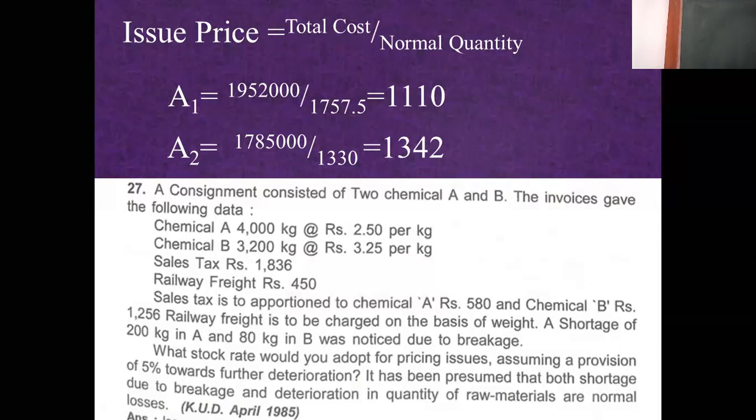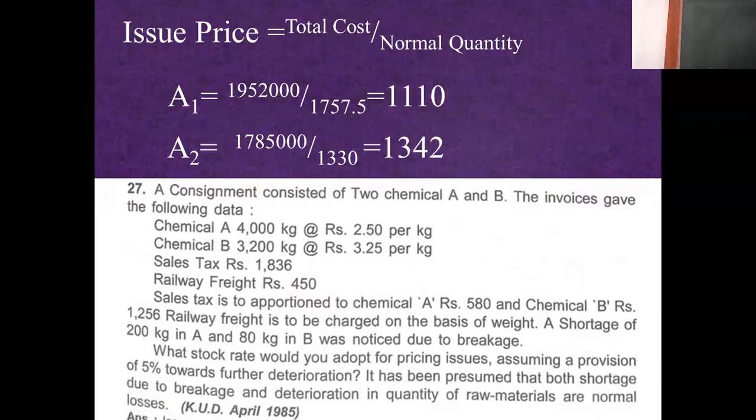Then this sales tax is to be apportioned on the basis of value. Remember this. Here they explain how to distribute the sales tax if it is a common expense. If it is a common expense, you allocate it based on the sale value. Sorry, purchase value, purchase price value.